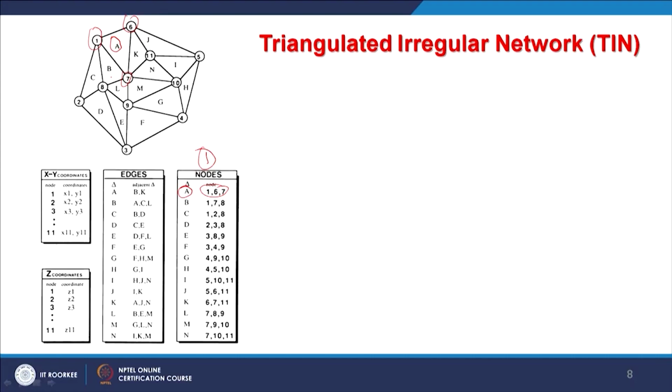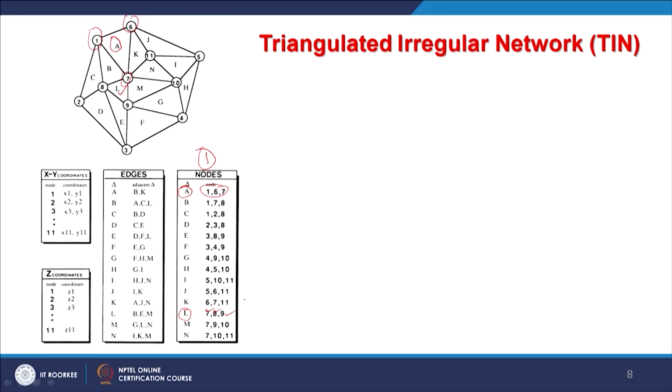Let me take one more example. If I take triangle L, then triangle L is made from nodes 7, 8 and 9. So the node table will store information about the nodes of each triangle.